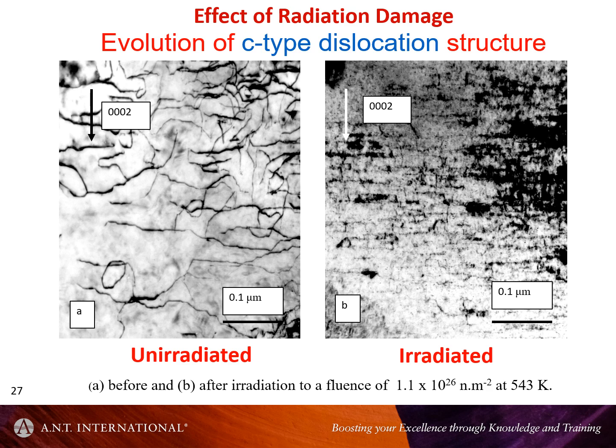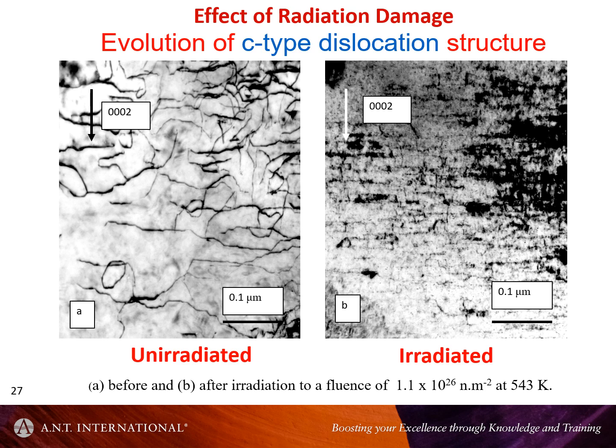But the c component structure we can study with some clarity, and this is an example of what the c component structure looks like. I think again in zirconium niobium. So we have these c component dislocations, and this is the c axis.